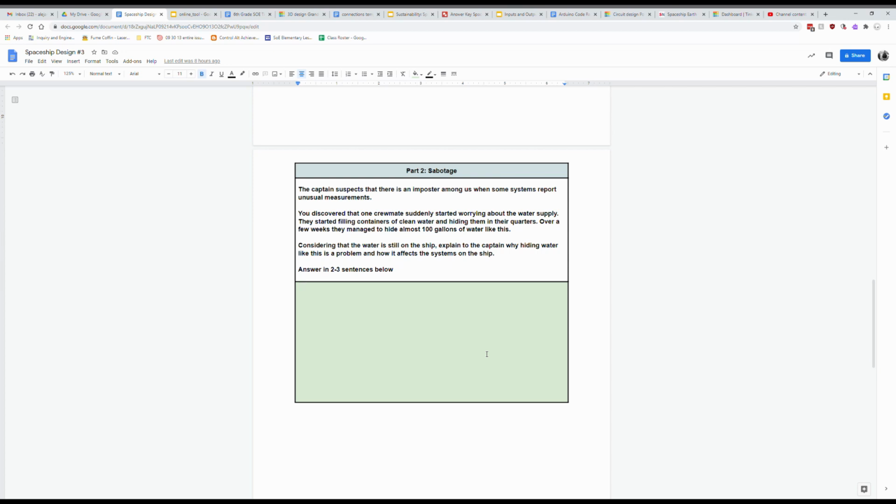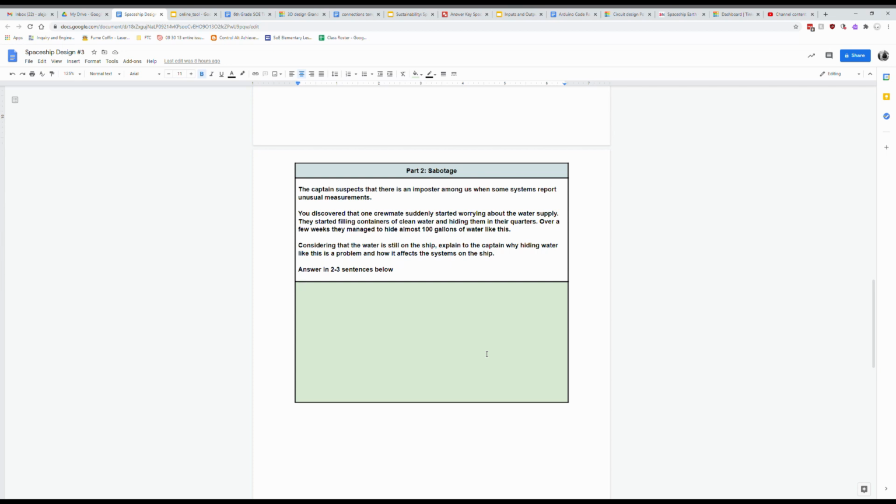They, for whatever reason, started thinking that they might be running out of water. The captain isn't really sure that this is a problem, because he thinks, well, if the water was on the ship, we still have the same amount of water, and he's not sure why the other systems are giving unusual measurements because of this.